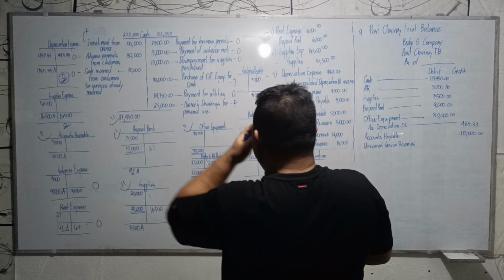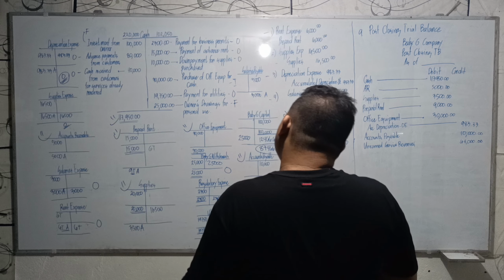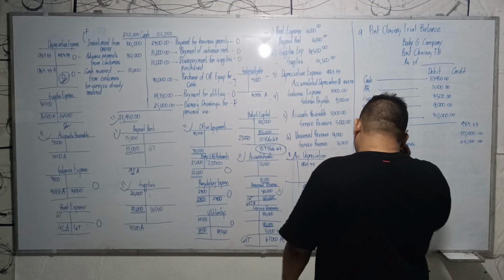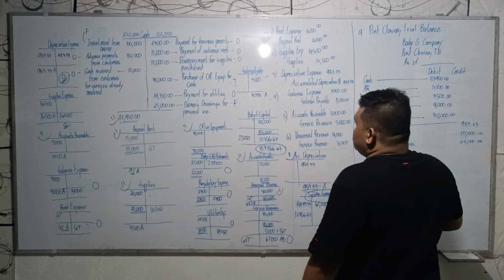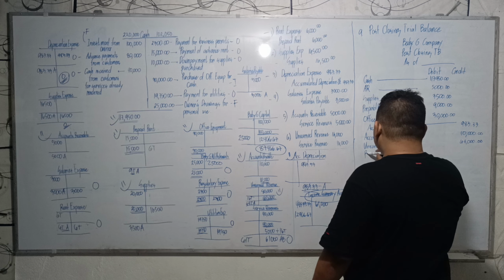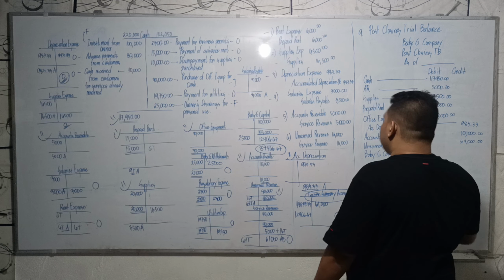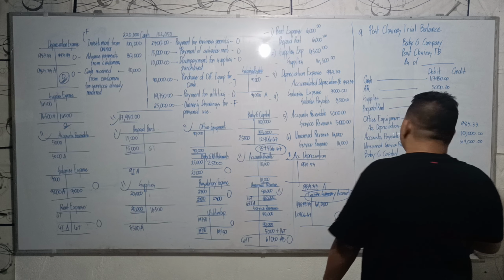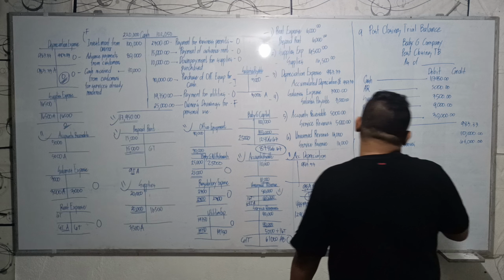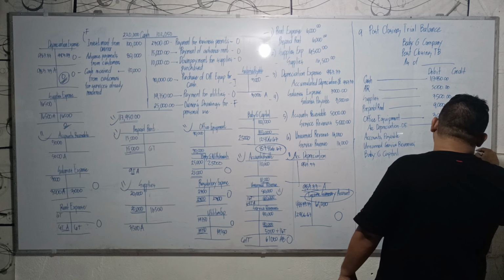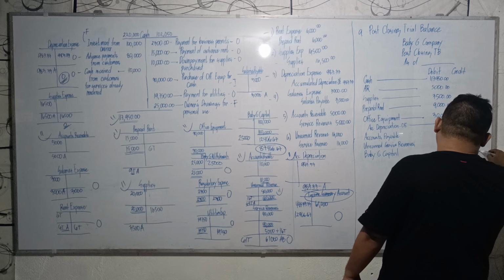So let's move forward to the capital account, I guess. So we have Baby J capital, and the updated balance of the Baby J capital after adjustments and after the closing entries is 87,466.67.